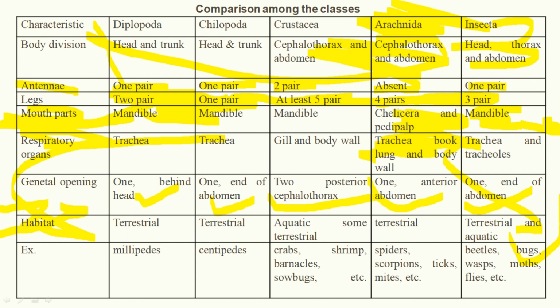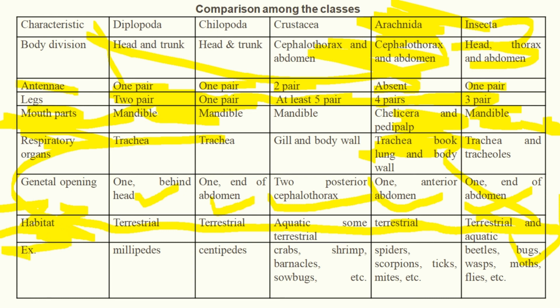Then come to habitat. Diplopoda terrestrial, Chilopoda terrestrial, Crustacea generally aquatic, very few are terrestrial. Arachnida again terrestrial, insects both terrestrial and aquatic. All others are terrestrial.